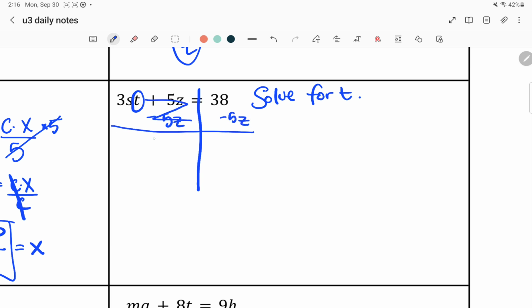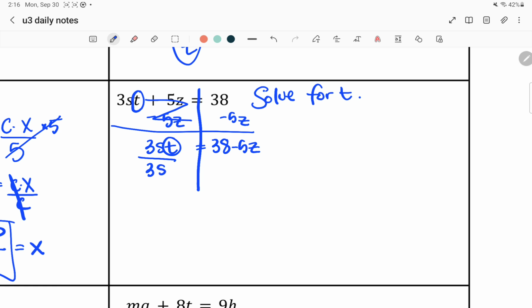Cancels out on my left, and I'm left with 3st equals, I cannot squish the 38 and the 5z together, which is nice because then I don't have to do any math. But I just keep tacking on, but I tack on the minus 5z. From here, I'm trying to get t, right? I see that t is being multiplied by 3s.